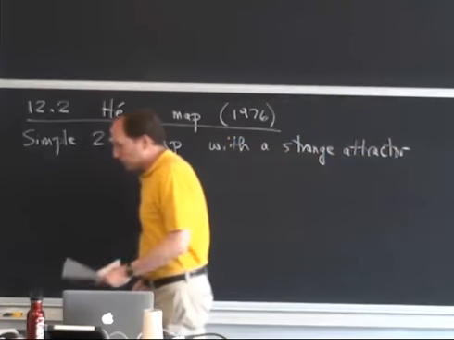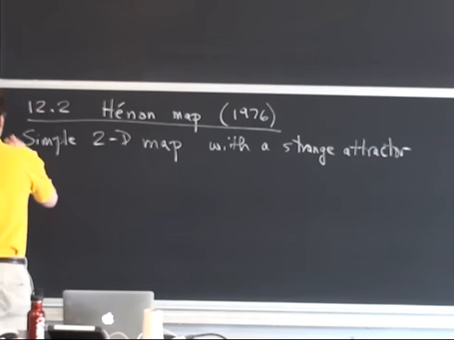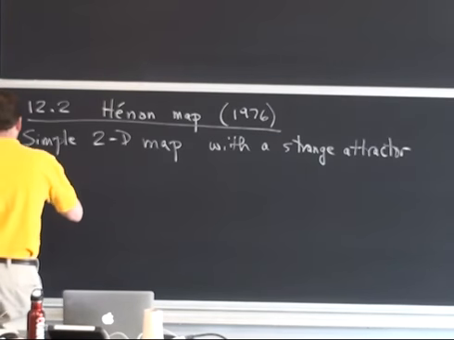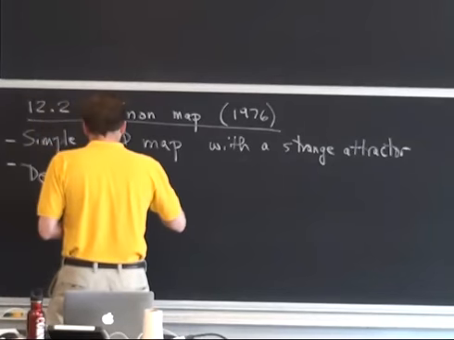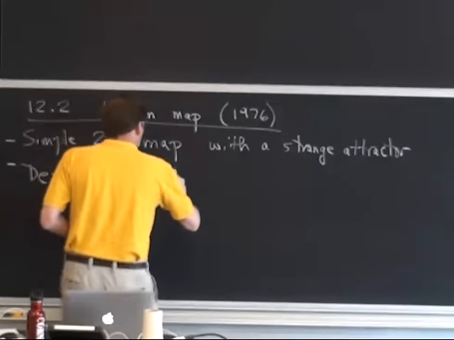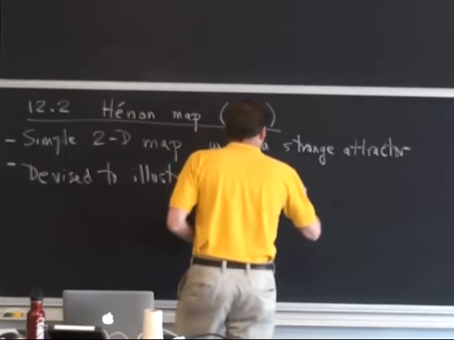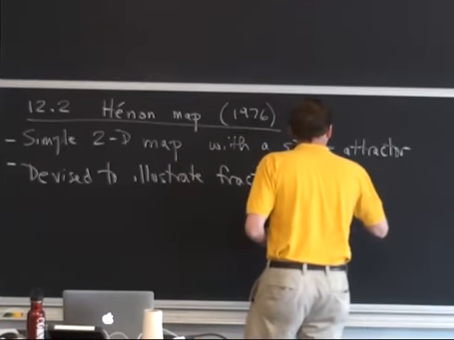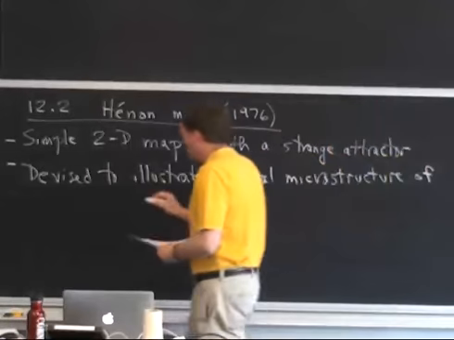And you'll see that Hénon's intuition is very similar to Rössler's about stretching and bending and re-injection. But I think their work is independent. Also, this map that we're going to discuss was devised to illustrate the fractal microstructure of strange attractors.